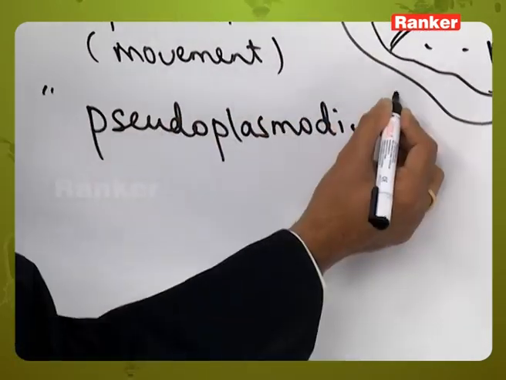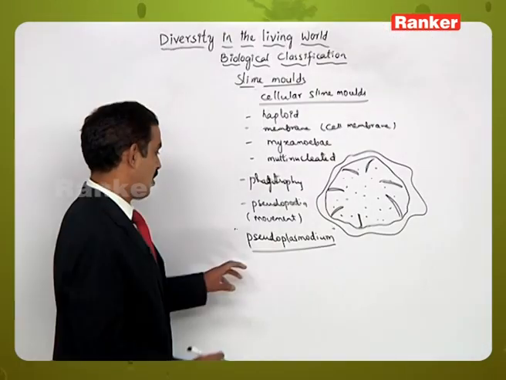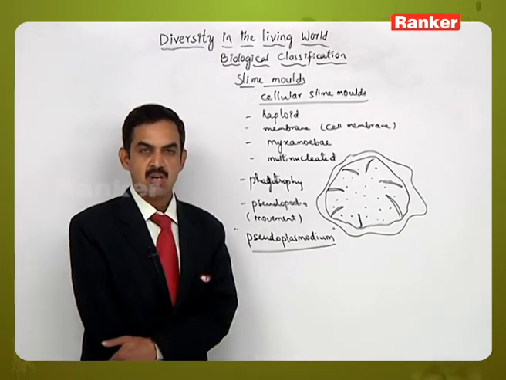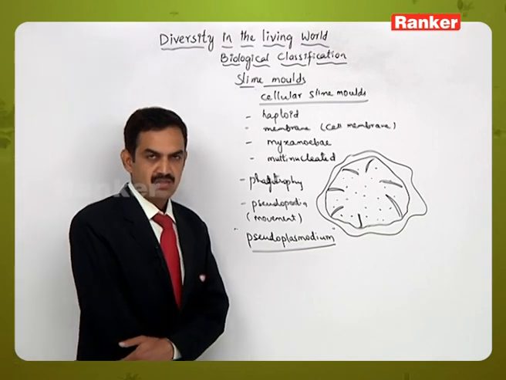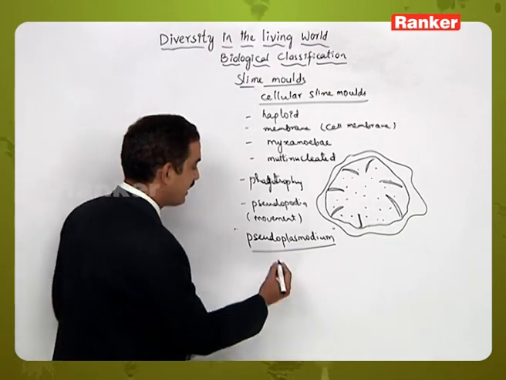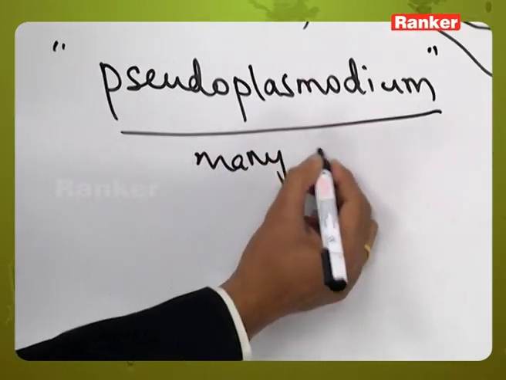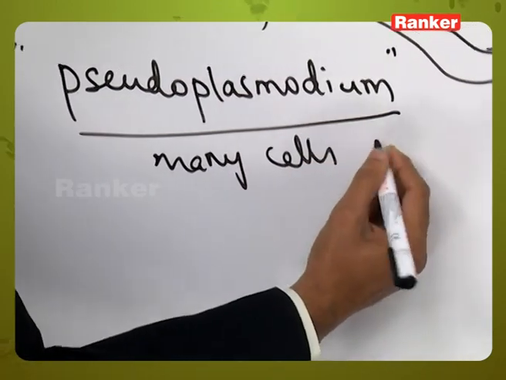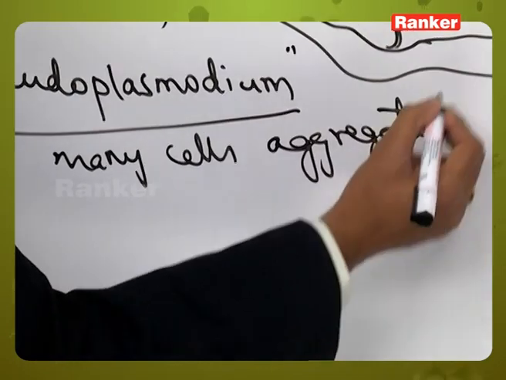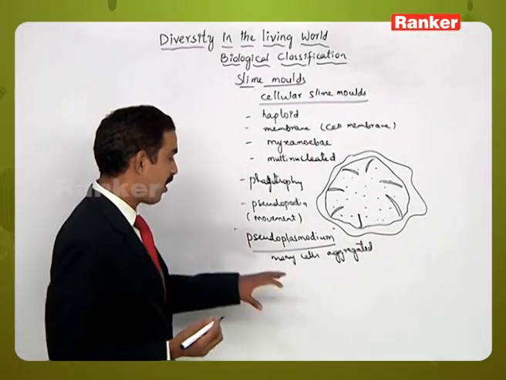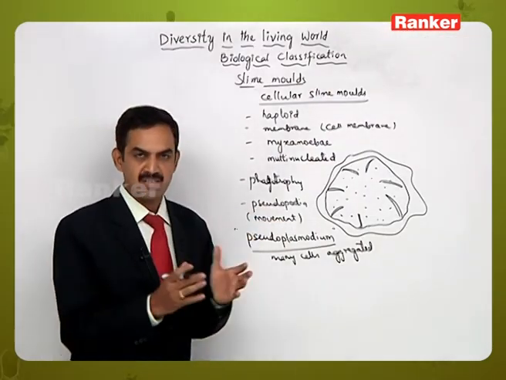Here, this is a special organization that is formed in the cellular slime molds, where many unicellular structures assemble and aggregate, and they attach with each other, and around them they form a membranous structure.